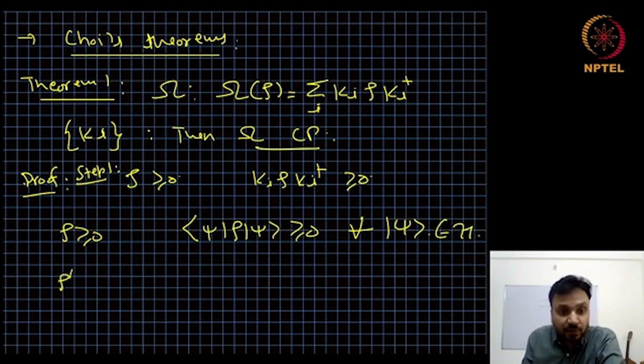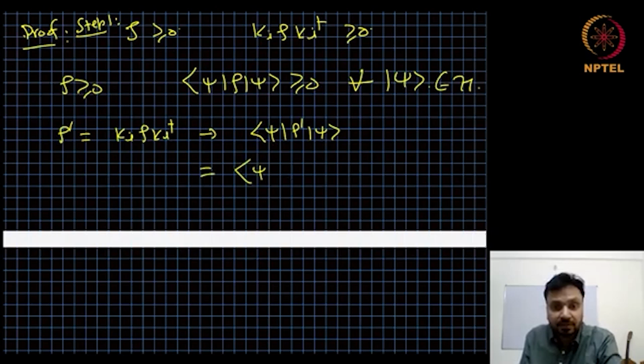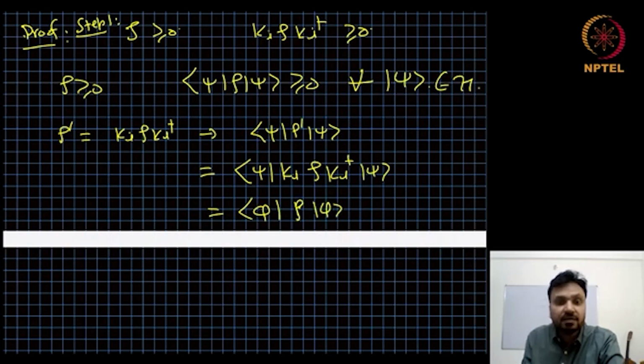Now, if we have rho prime, which is K_i rho K_i dagger, then <psi|rho prime|psi>, which is equal to <psi|K_i rho K_i dagger|psi>, let us call them <phi|rho|phi>. K_i need not be unitary, they can be any arbitrary operator, so phi need not be normalized, so we can put a normalization constant N outside so that phi is normalized, and N is a positive number.